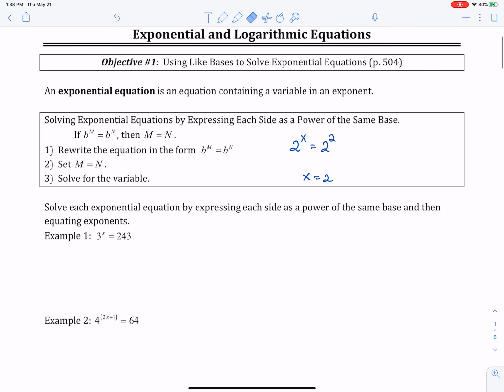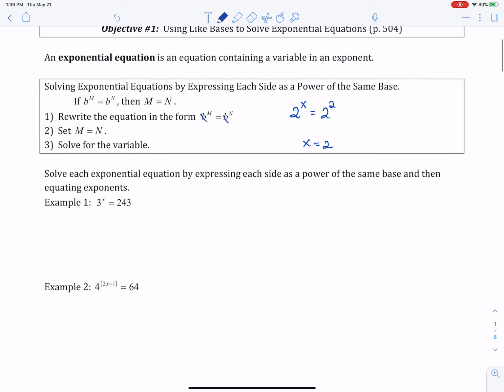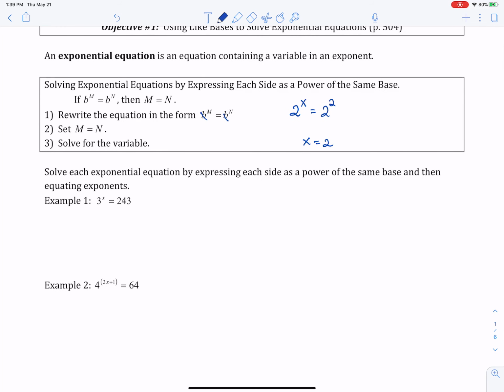We're going to rewrite both sides of the equation in the form b to the m is equal to b to the n, and then say, well, with the same base, the exponents must be equal, and solve for the variable.